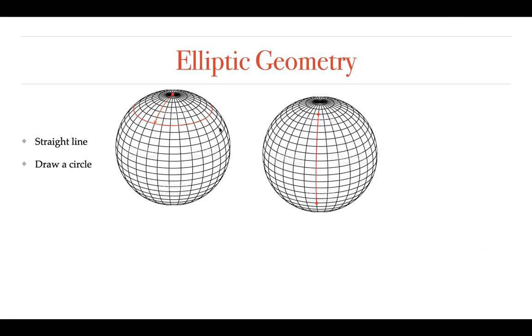Now you see some peculiar property of this circle. This circle has a different property from what we had in the plane geometry case. In this case, you will find this relation to be true, that the circumference is always less than 2 pi r.